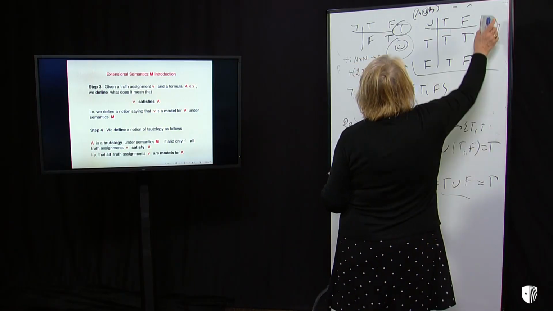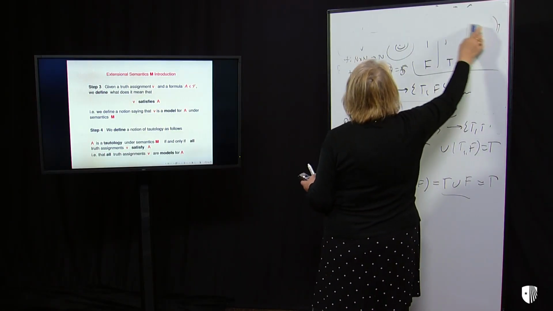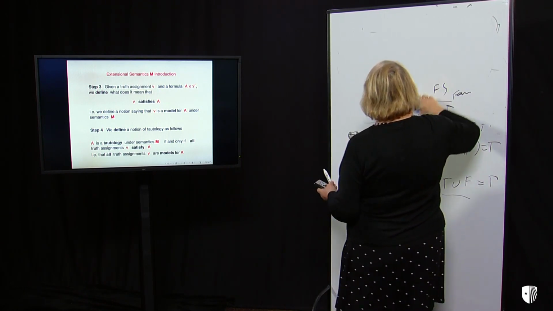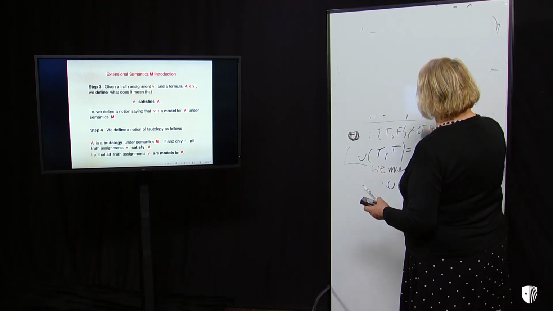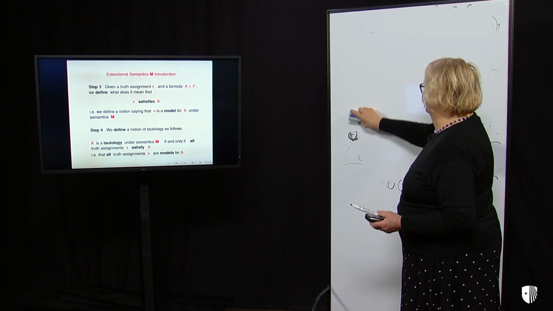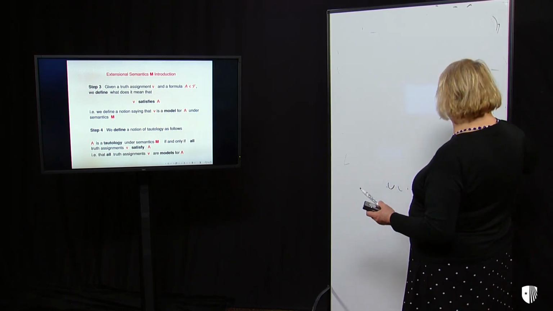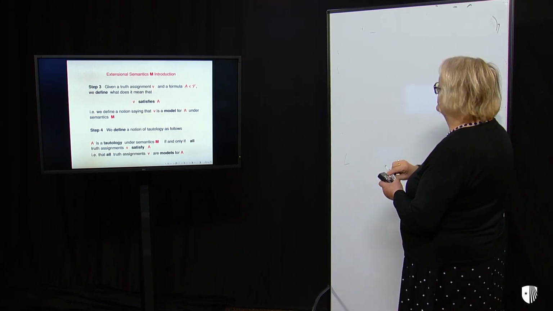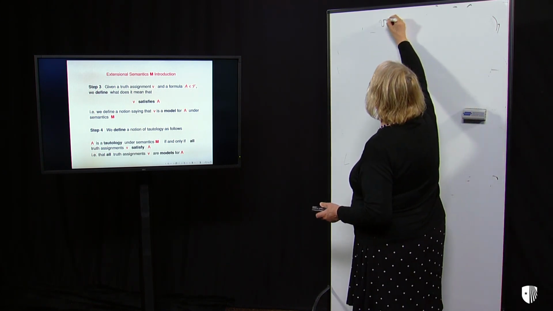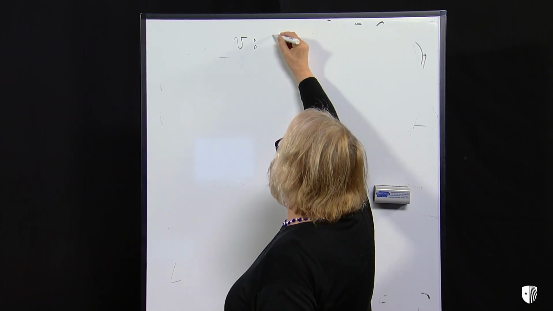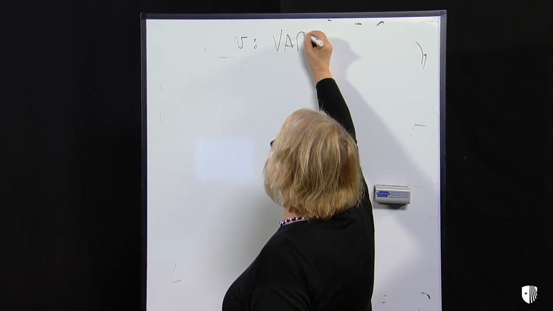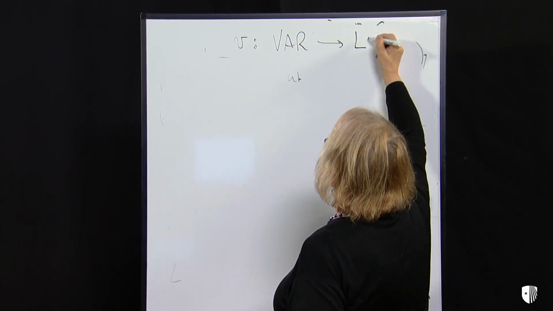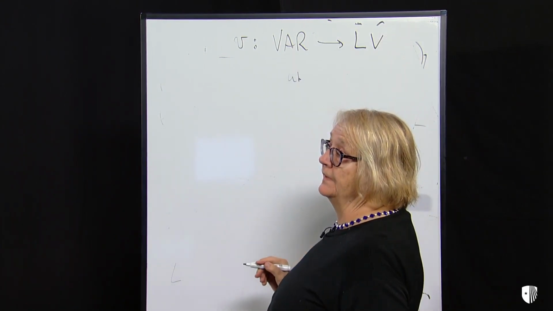So we will define the second. First is connectives. And the second, which I will show on the slide, v, is truth assignment, which takes variables, which are atomic formulas, and assigns a logical value.